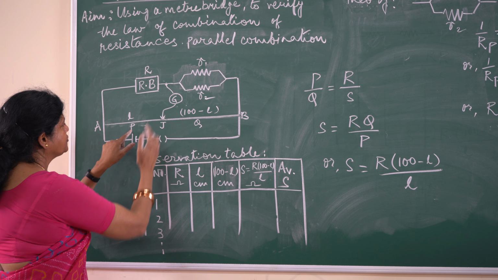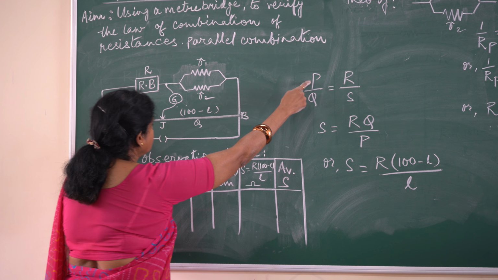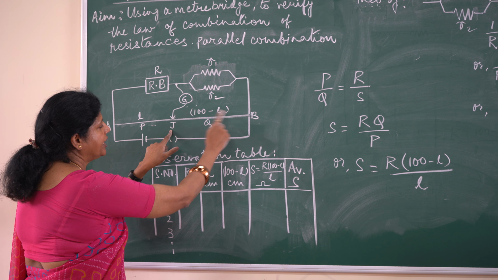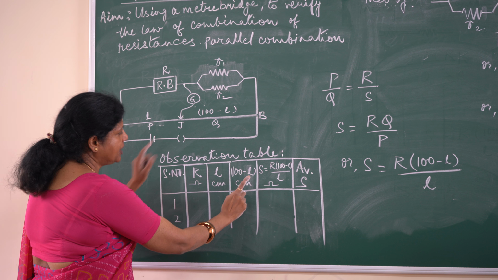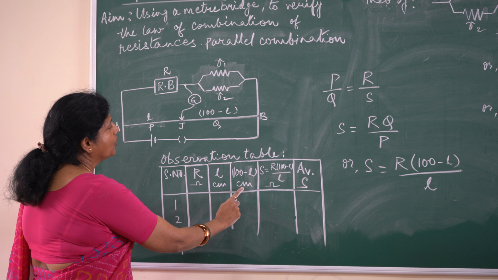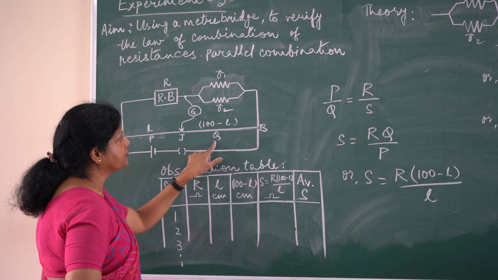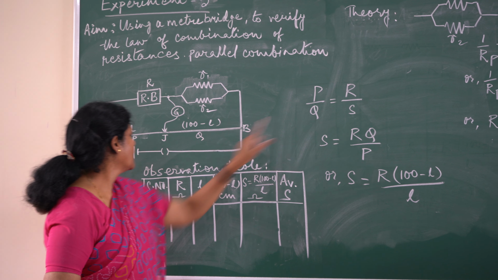AJ is for P. Now JB will be 100 minus L, in centimeter. This JB is for Q.